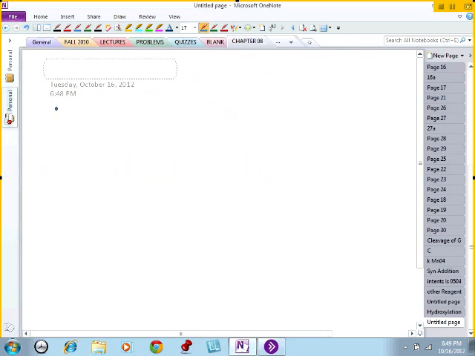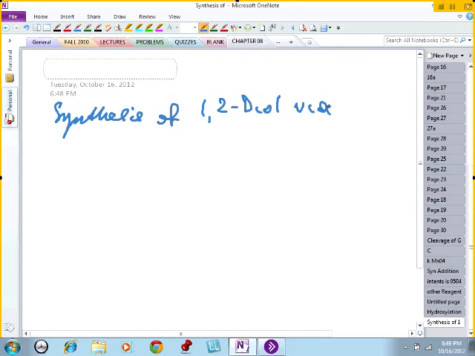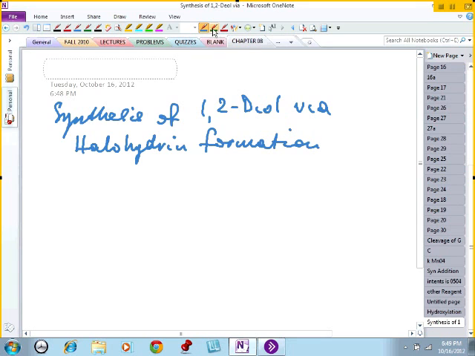Okay, let us see the synthesis of 1,2-diol via the halohydrin. Remember earlier on we showed you how to form a halohydrin, and what is that?